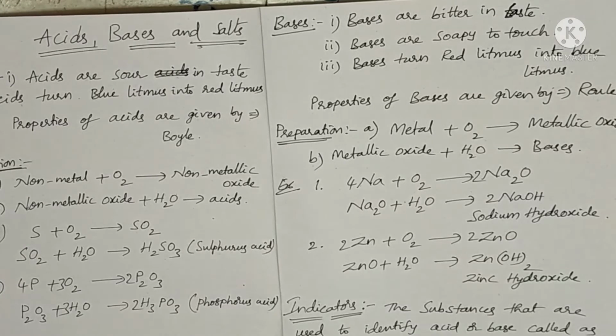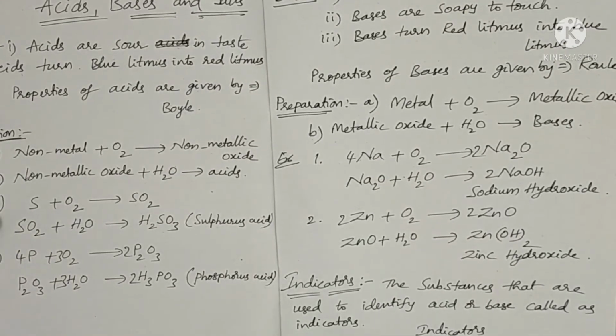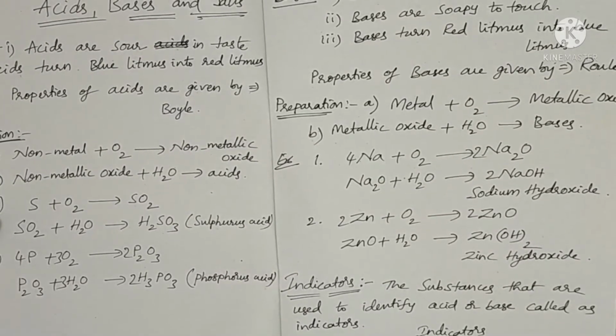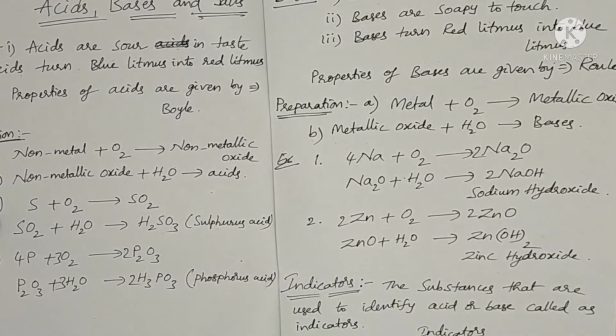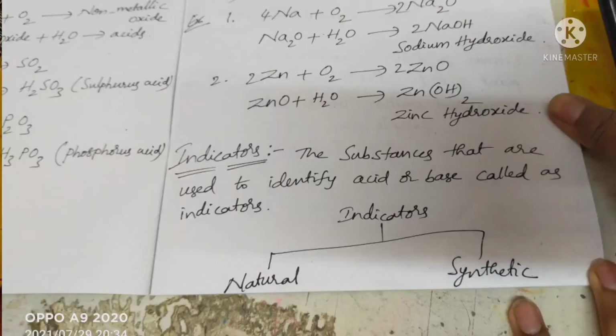Indicators are divided into two types. How many types of indicators are there? Two types: natural indicators and synthetic indicators. First, we have to know what natural indicators are.